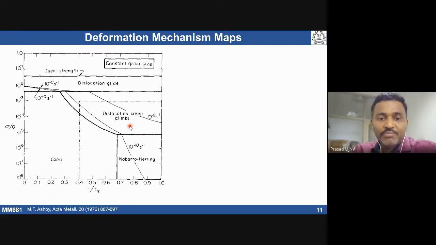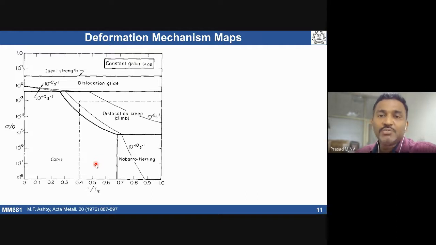Because I already know my application, this is the temperature domain and this is my stress domain, and in this domain the mechanism is climb. So if I can control climb, I can extend the life of a component. Depending on the stress and temperature combination, I can see what type of mechanism is happening. Accordingly, I can take measures to control that mechanism in order to extend the life of a component. It became very popular.